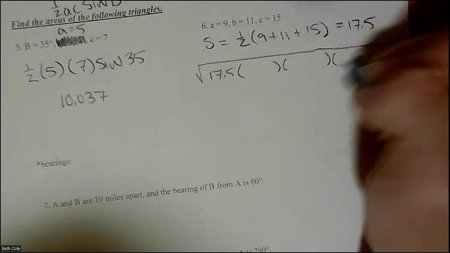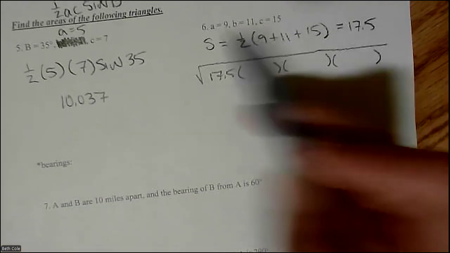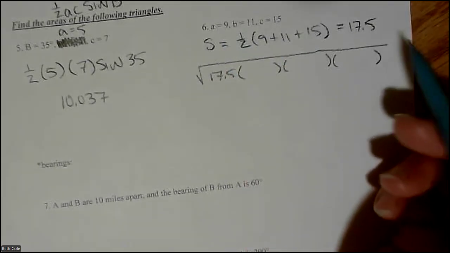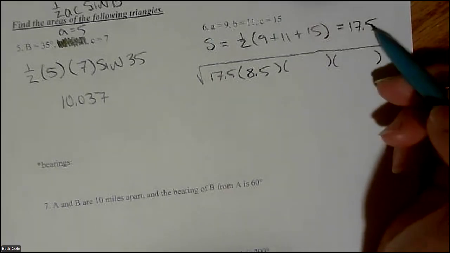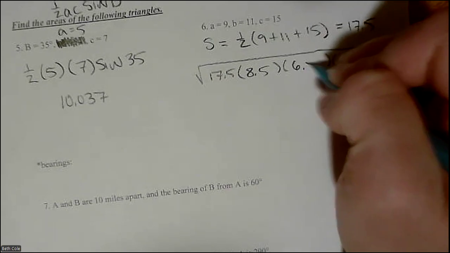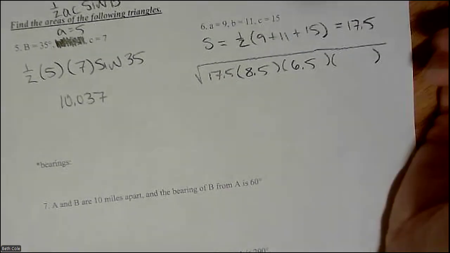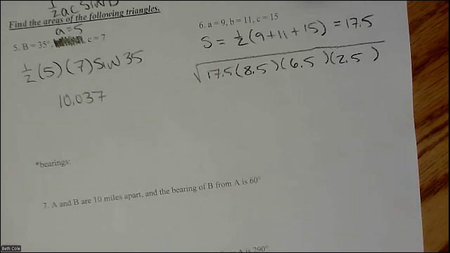And then I usually just draw 3 more blanks. You do 17.5 minus each of these. So 17.5 minus 9 would be 8.5. 17.5 minus 11 would be 6.5. And 17.5 minus 15 would be 2.5. And you type that in and magically you get the area.